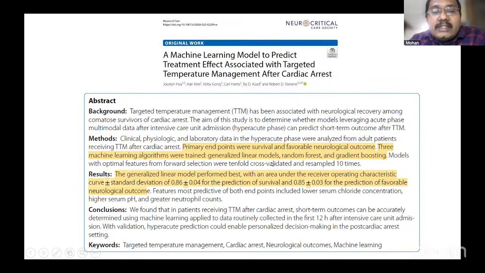They found that generalized linear models performed best in predicting treatment effect associated with targeted temperature management, with almost ROC of 0.86 for prediction of survival, 0.85 for prediction of favorable neurological outcome. So now, I think AI and machine learning brings us more clarity as to which group deserves hypothermia and which group doesn't. They fare well with normothermia itself.